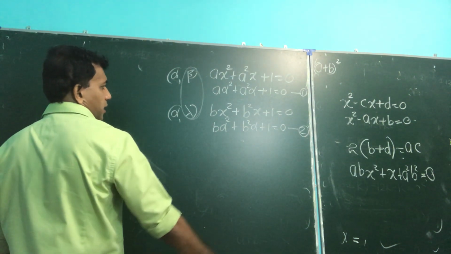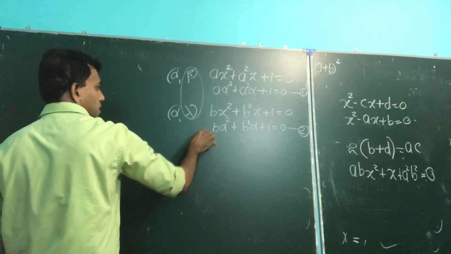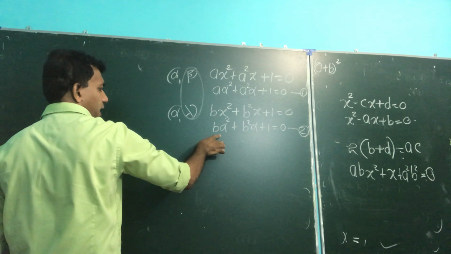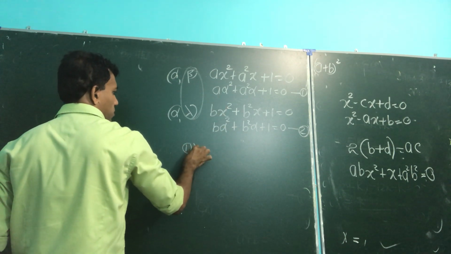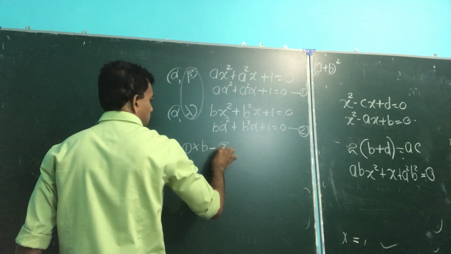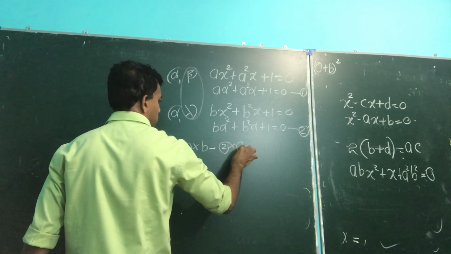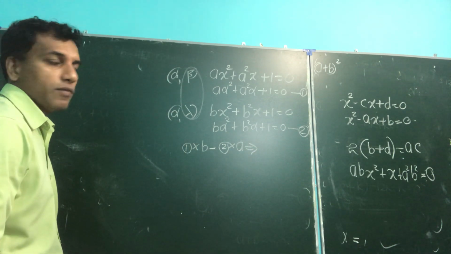So can I remove the alpha square first? Remove the alpha square first. Multiply B, multiply A, no? Here AB, here AB. First equation multiply B, subtract second equation multiply A. And so that cancels everything, right?